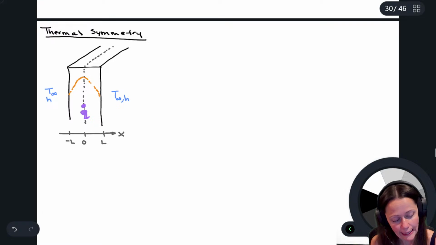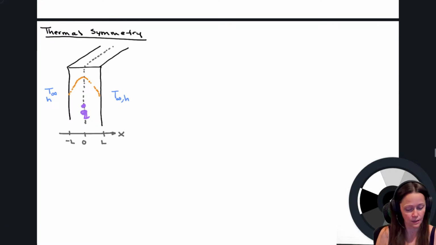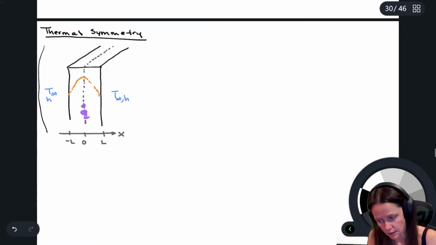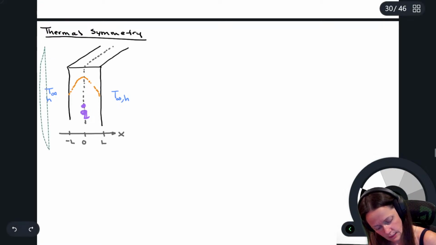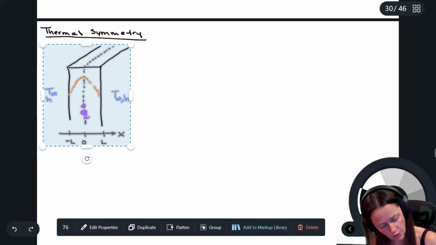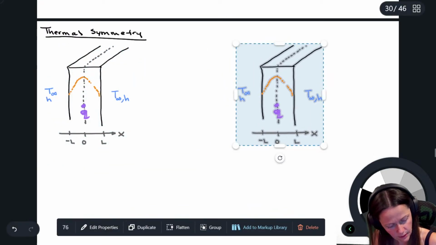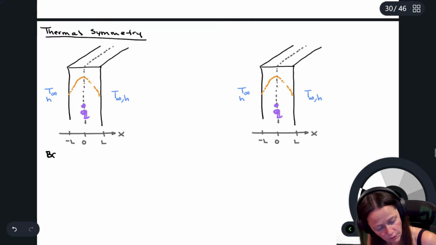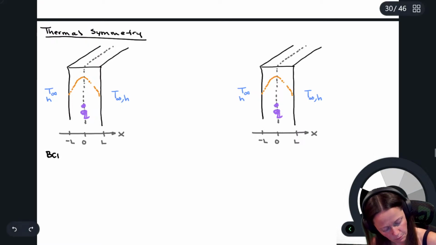So let's say I didn't think about that, I didn't think that I could take advantage of thermal symmetry there. I'm going to show you at least 2 ways that I could talk about those boundary conditions. So I'd have 2 of them. Boundary condition 1. Actually, before I even write boundary condition 2, let's make sure I give enough for boundary condition 1.